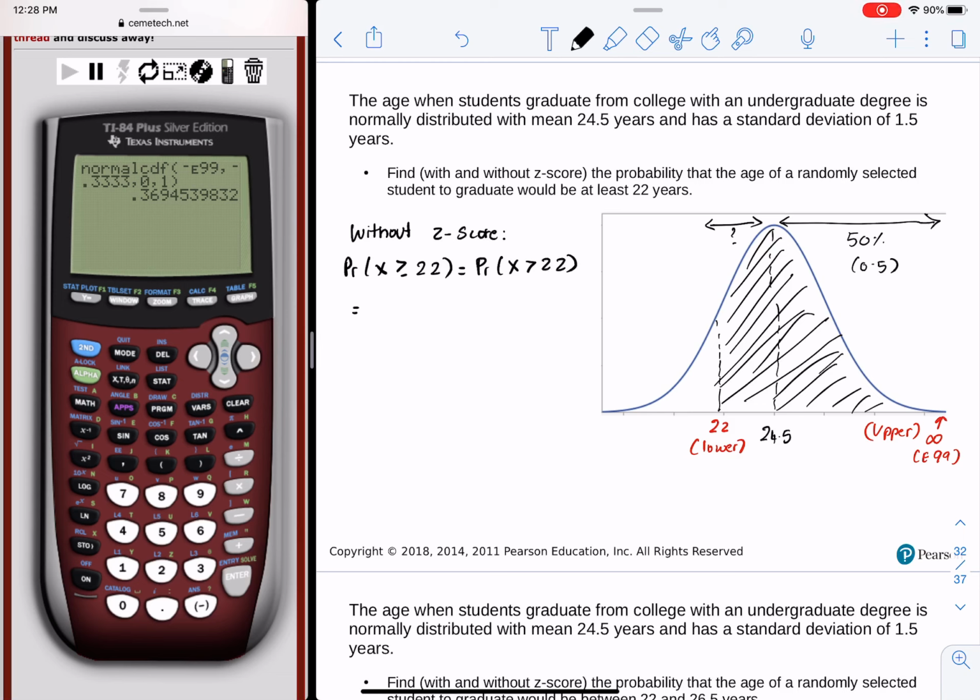So we can use the calculator, second vars, number 2, we start at 22, we end at E99. The mean is 24.5 and the standard deviation is 1.5. And enter, we get 0.9522.